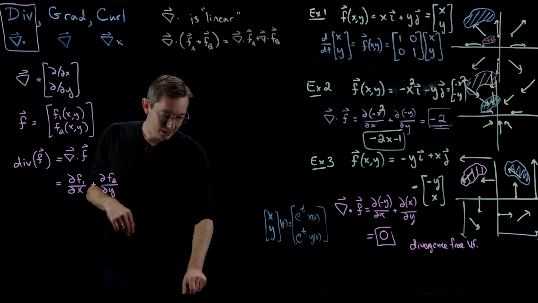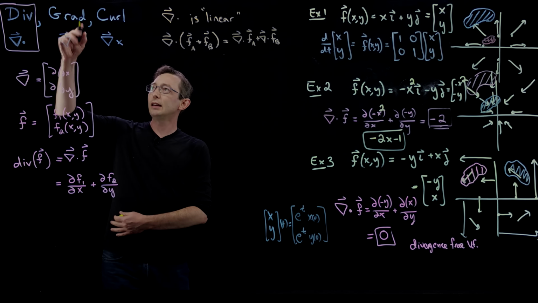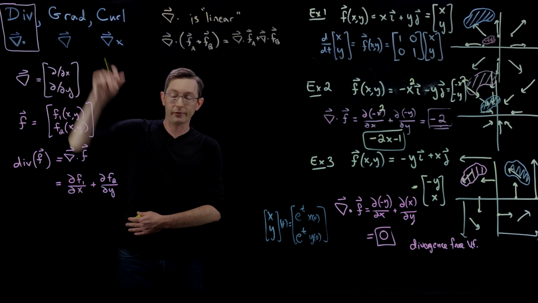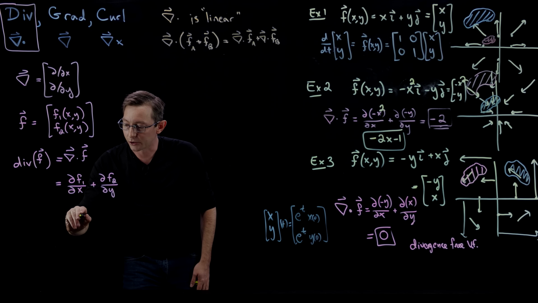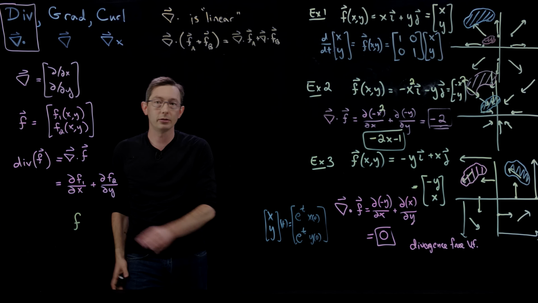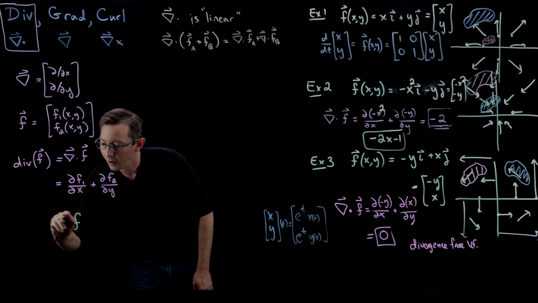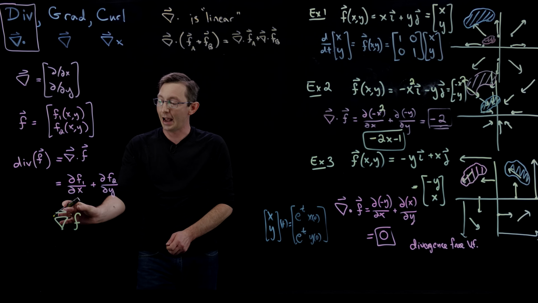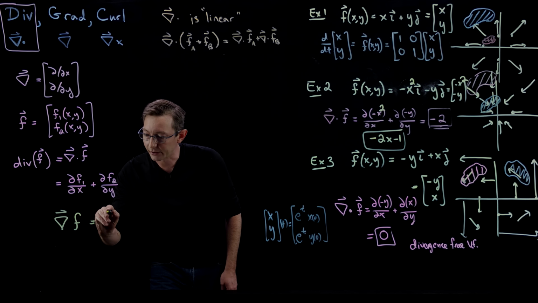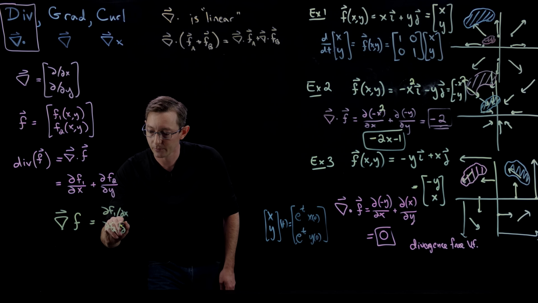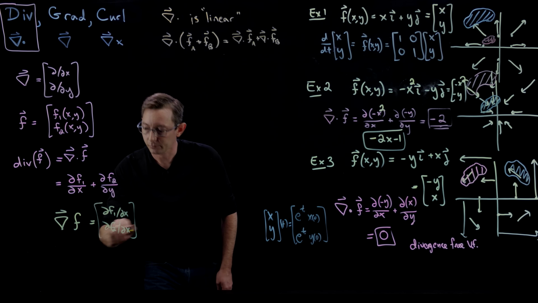Now, the last thing I want to show you is what happens if I take a scalar function. Remember, I can take the gradient of a scalar function. So I can take my regular old scalar function f, and if I take the gradient of it, now I have a vector valued function. So this would be a vector function, partial f1 partial x, partial f2 partial x.